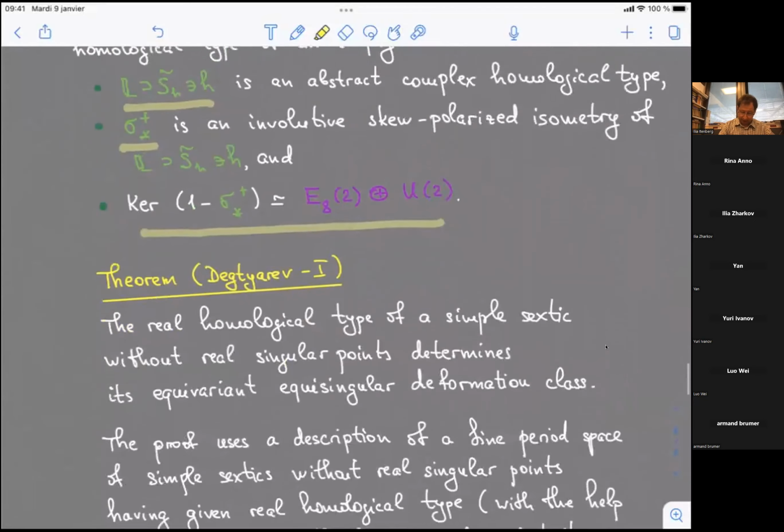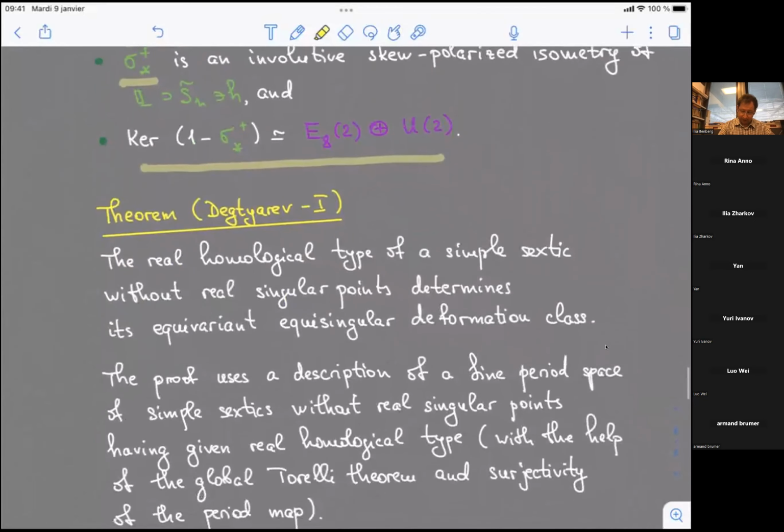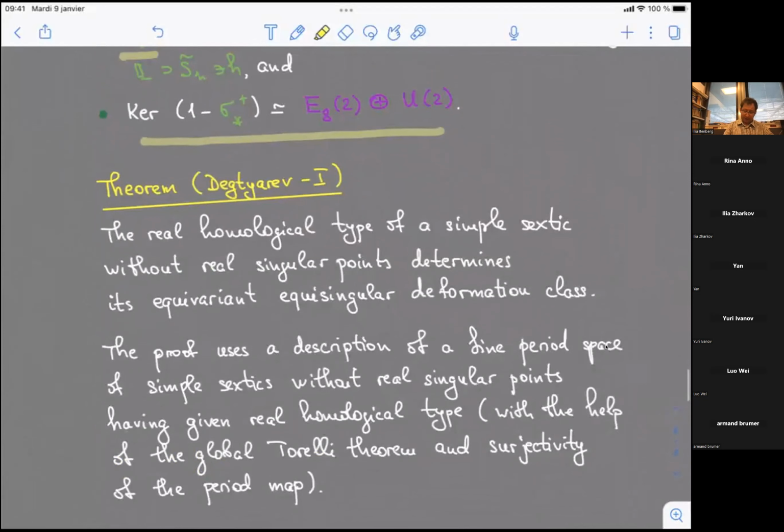And finally, the theorem we proved with Alex is as follows. In fact, this theorem is valid in a more general situation than just the case of empty real sextics.